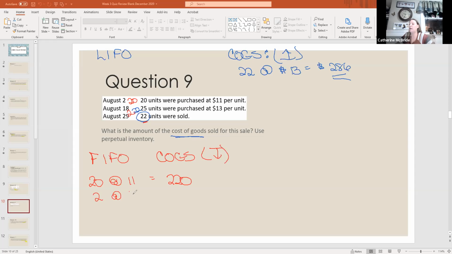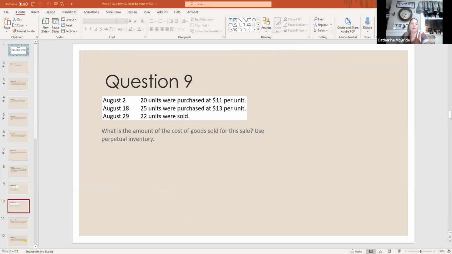So 2 at $13. So using FIFO, my cost of goods sold is 246. Make sense? And that's why even though it's perpetual, it's not as hard.